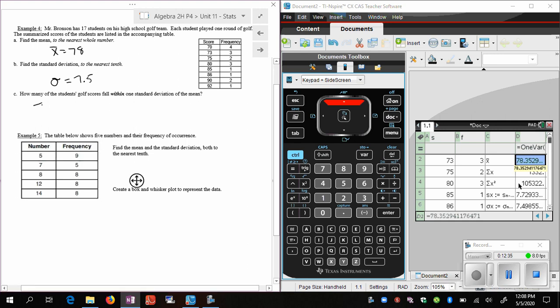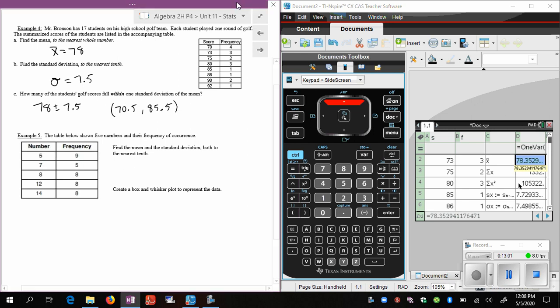So we are going to be doing 78 plus or minus 7.5 to come up with a range of values. So if we do 78 minus 7.5, we get 70.5. If we do 78 plus 7.5, you end up getting 85.5. And so we need to figure out how many scores fall within that interval.